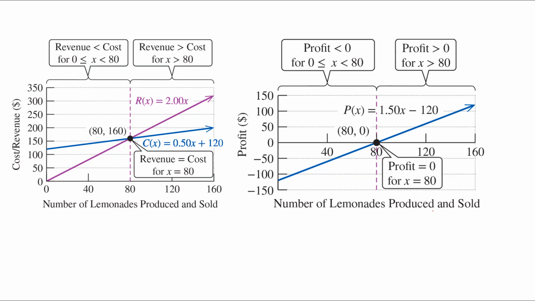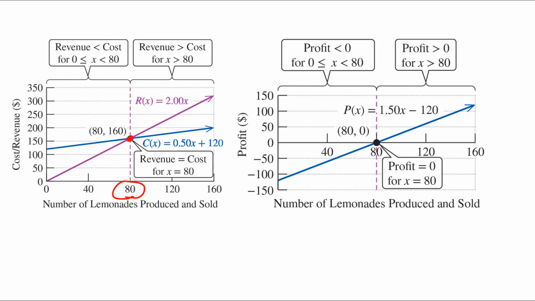And so here you can see a graphic view of what's going on. The cost function, 0.5x plus 120, is this blue line. So that's what that line looks like. And then the revenue function is this purple line. That is the line y equals 2x. And you can see that if you make 80 cups, that's where the two lines cross.